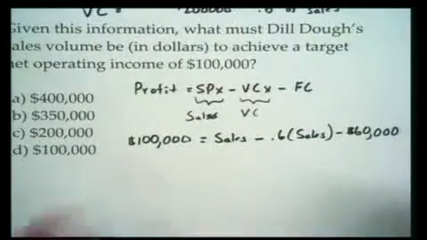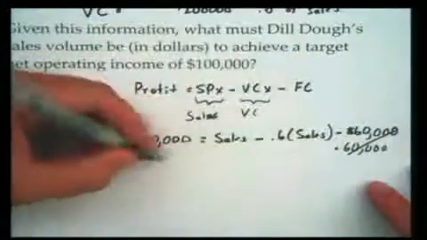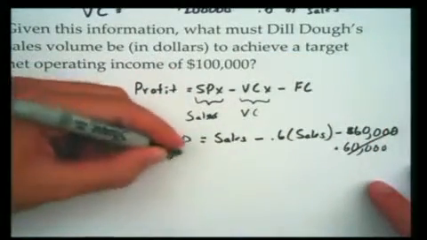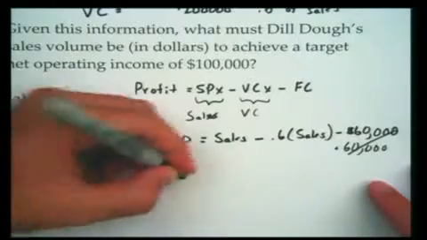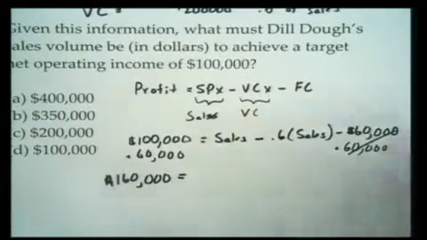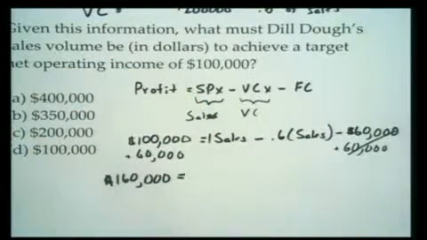Well, now we feel pretty good. Let's start plowing through this. I'm going to add 60,000 to both sides. So we have $160,000 equals what? Remember, intrinsically there's a 1 in front of that variable. So like 1x minus 0.2x gives you 0.8x.